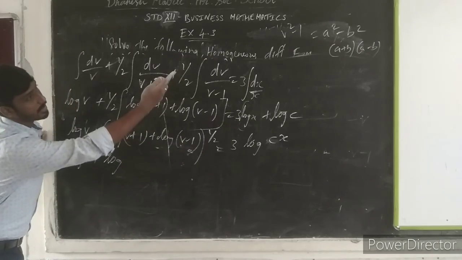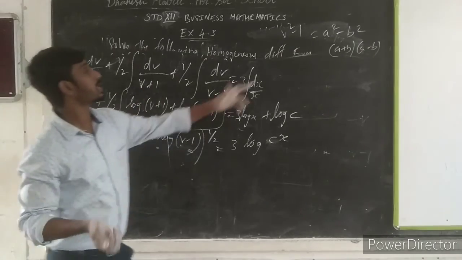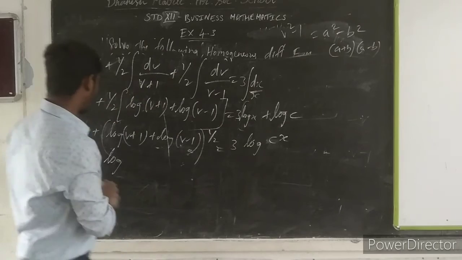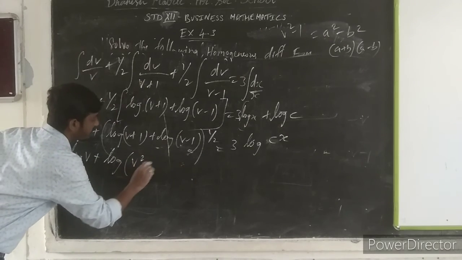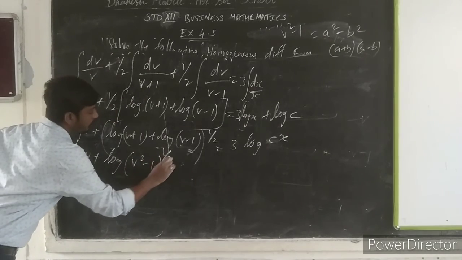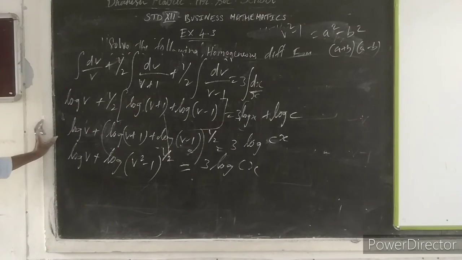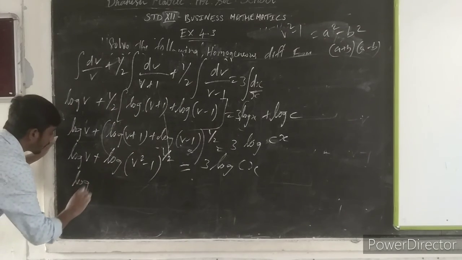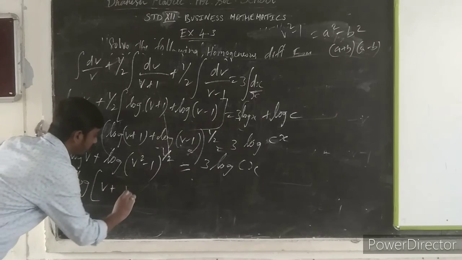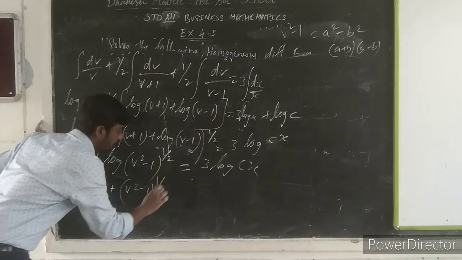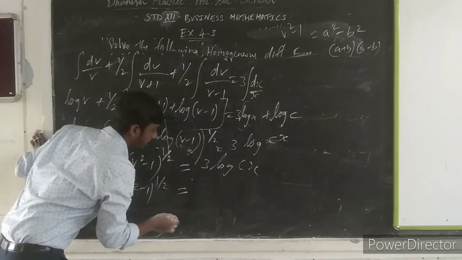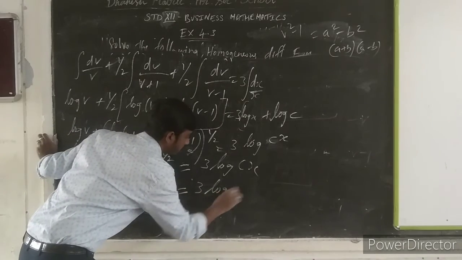Then we are using that formula. Using this assumption, b square minus 1, log of b square minus 1 to the power of 1 by 2 equal to, now taking log common from this equation, log of b plus b square minus 1 to the power of 1 by 2, that is 3 log cx here.